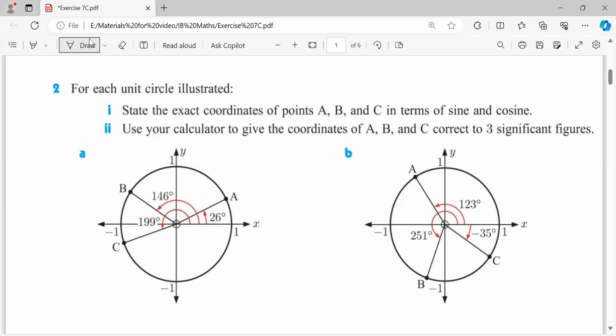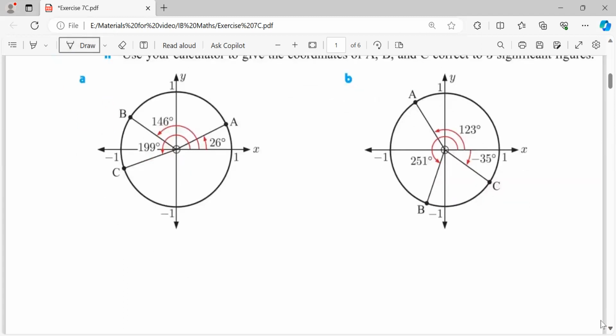If you look at coordinate point A, it is based on the angle: cosine 26, comma, sine 26.